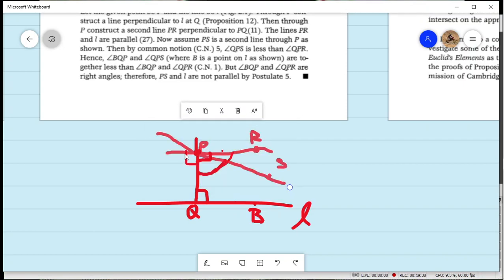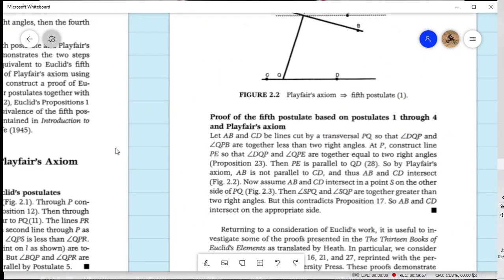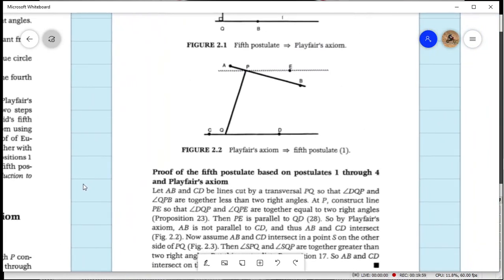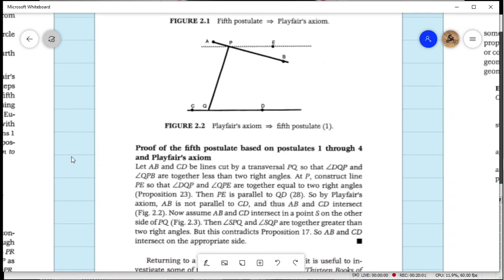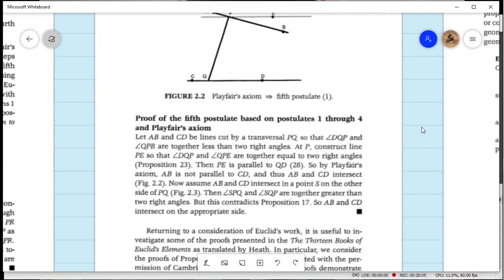There can only be one line drawn through P which would be parallel to L at a point not on L. Hence, Playfair's axiom is proven. Next, we have the proof that if Playfair's axiom is true, then the fifth postulate must also be true. Okay, the second part of the proof of equivalence.